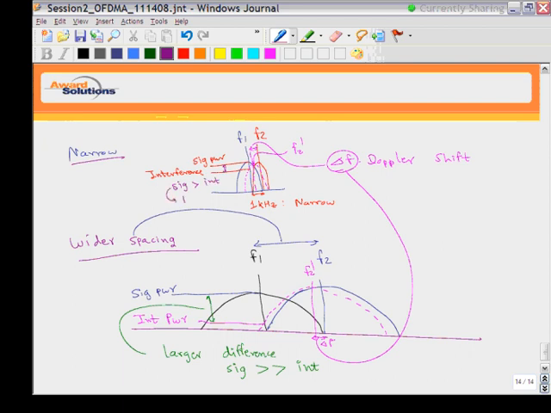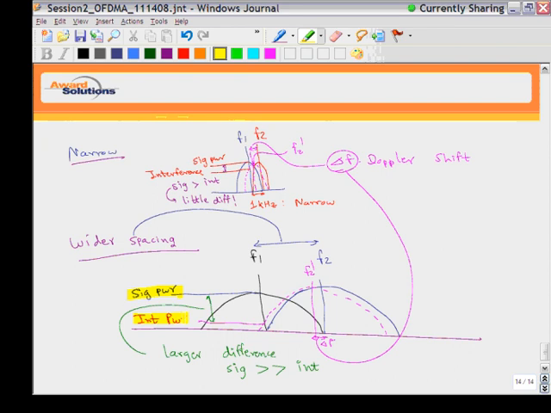We have little difference between the two. So when you have wider spacing, even when the users are moving, our signal is still quite strong compared to interference, because the signal and interference are apart by a wider margin, maybe 20, 30, 40 dB margin.